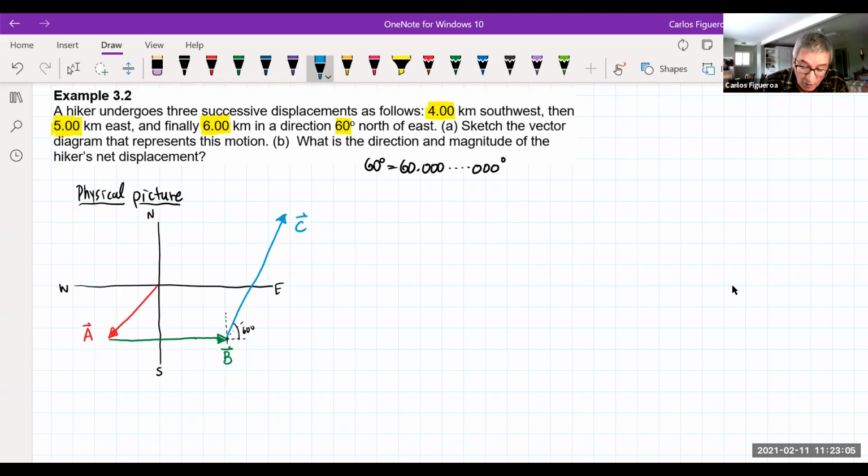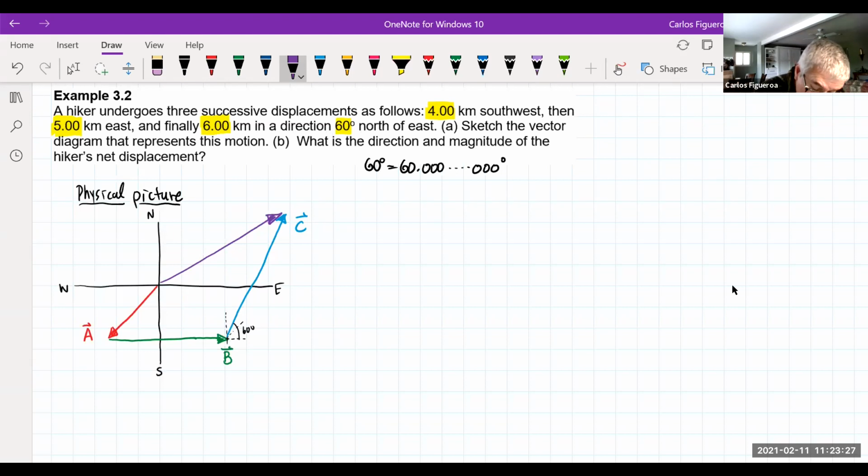So the resultant from the origin is going to be this other vector, which I'm going to label in black. Should I do that in black? How about if I do that in violet? So I'm going to say, okay, this is my resultant vector right here.